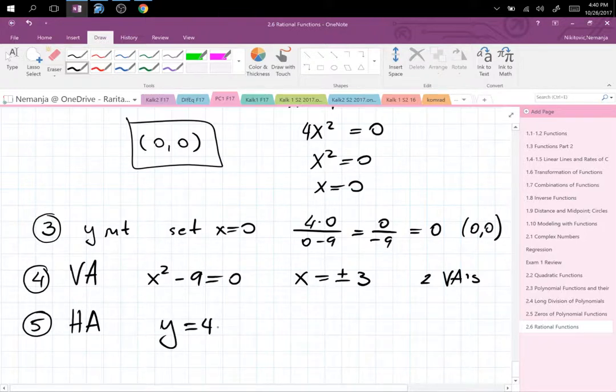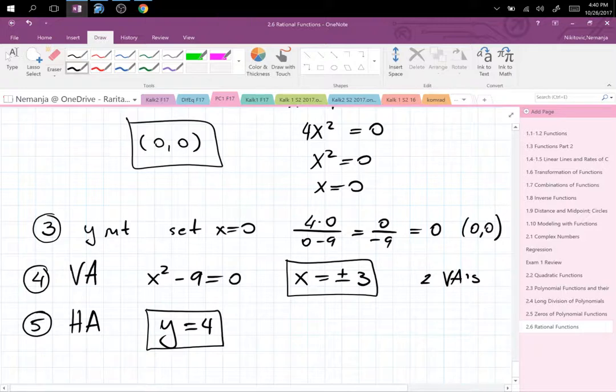We have the same exponents. If the exponents are the same, it's the ratio of the front coefficients. So the front coefficients, 4x squared over x squared, is just 4 over 1, which is 4.